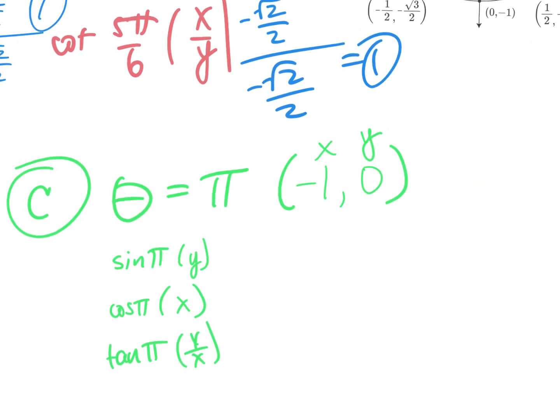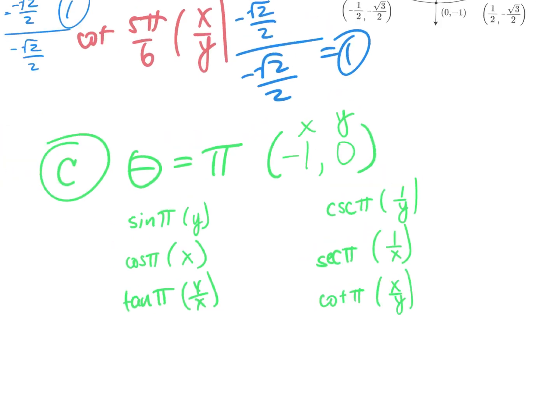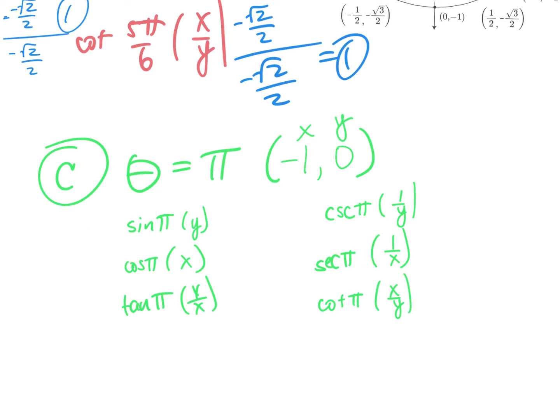All right, then we're going to find what goes with sine. Cosecant. It's going to be 1 over y. Secant of pi is going to be 1 over x. And cotangent's what? X over y. All right, now this is a tad bit different, guys. Don't get tripped up on this.